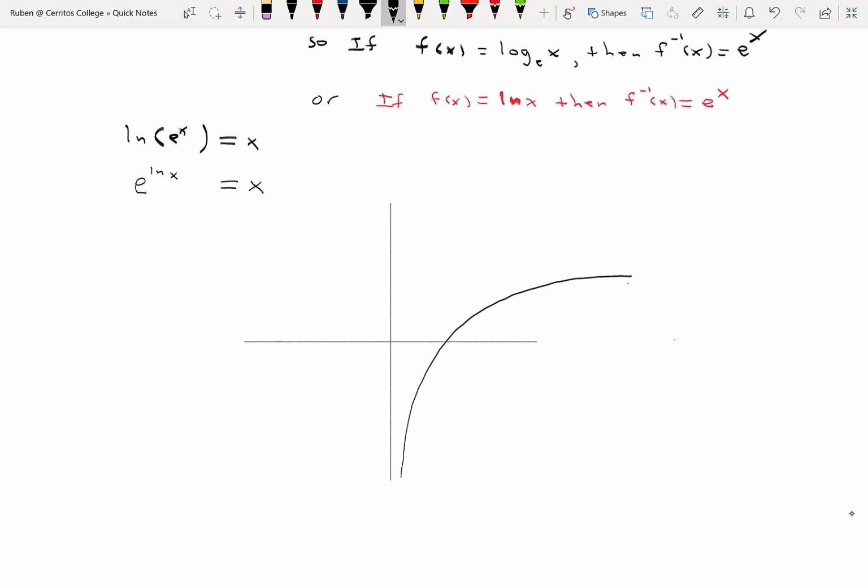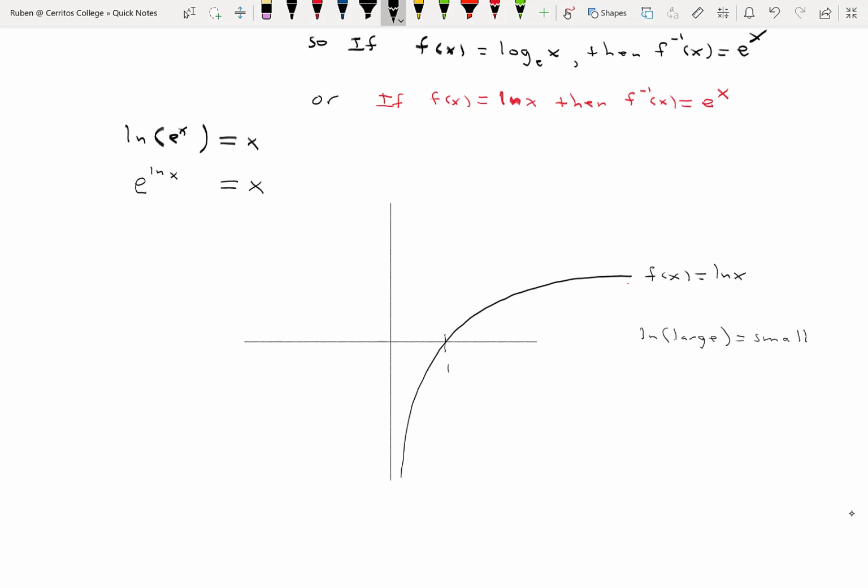It goes through (1, 0) and grows very, very slowly. The natural log of a large number is relatively small, even though that can be made pretty big by taking the natural log of huge numbers. But generally the logarithm of something large is relatively small. Keep that in mind as we go along. This is the graph of the function f of x equals the natural log of x.